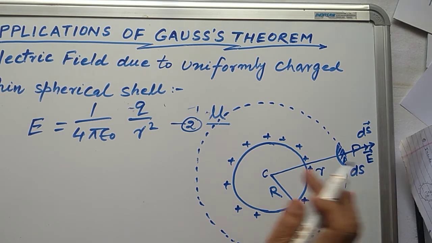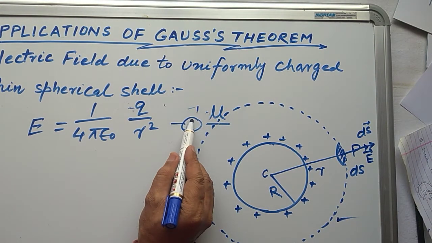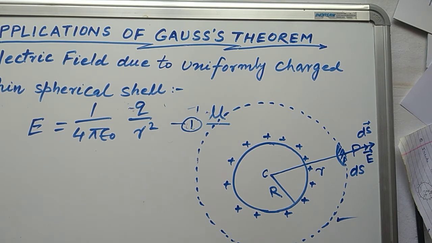It means that for the outside points, the shell behaves as if the whole charge given to it is concentrated at its center. That is, for the outside points, it behaves like a point charge. This is the expression for the electric field for the points outside the shell.